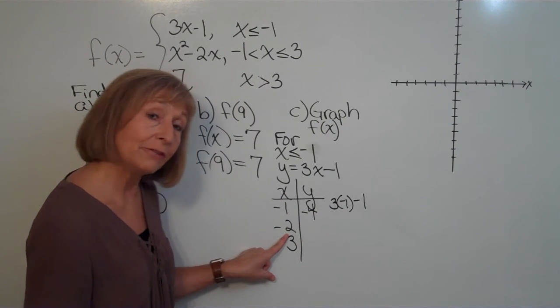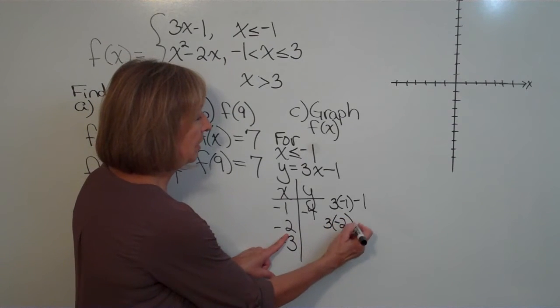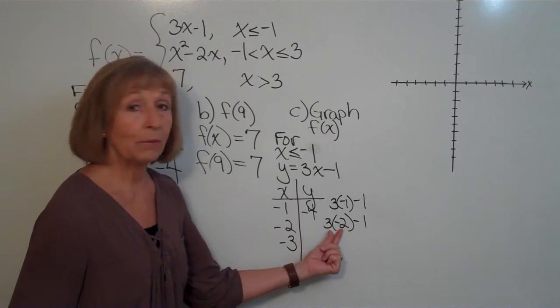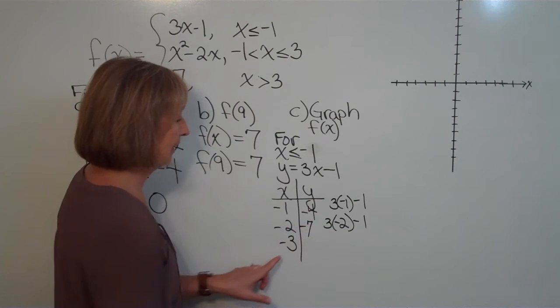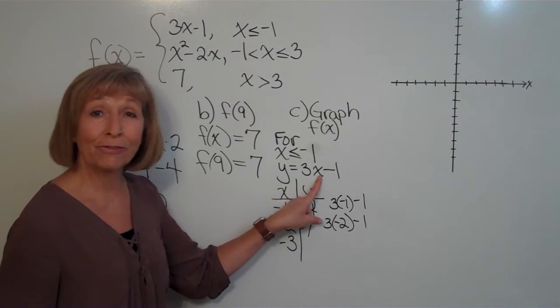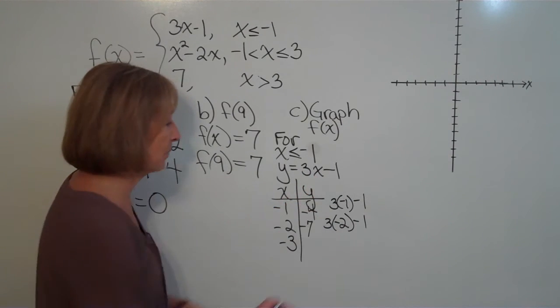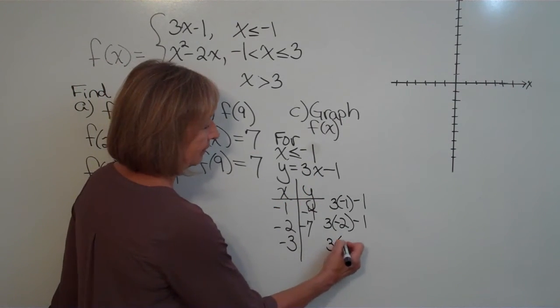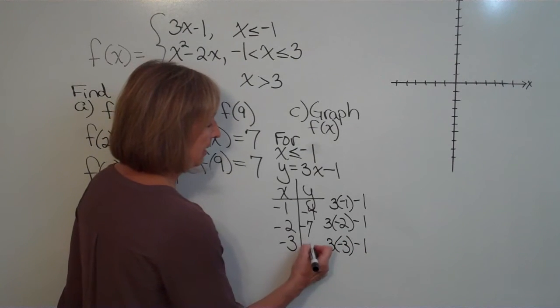If I put -2 in for the x, that's 3 times -2 minus 1, so -6 minus 1 is -7. If I put -3 in for the x, that's 3 times -3 minus 1, or -9 minus 1 is -10.